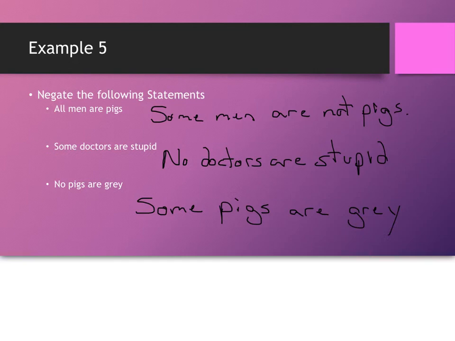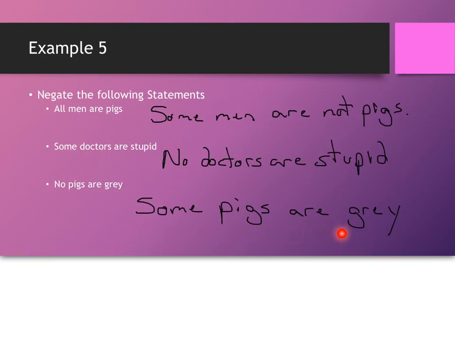All right. Notice, by the way, how the second and the third are related, right? Some A are B is the negation of no A are B. Okay? So we had the same sentence structure in reverse. No doctors are stupid, no pigs are gray.